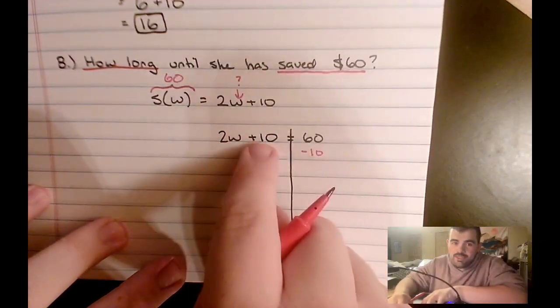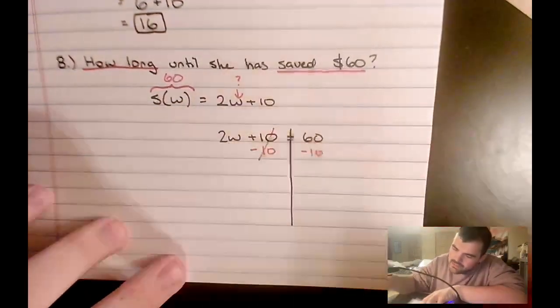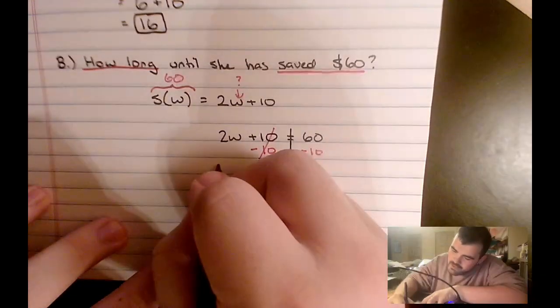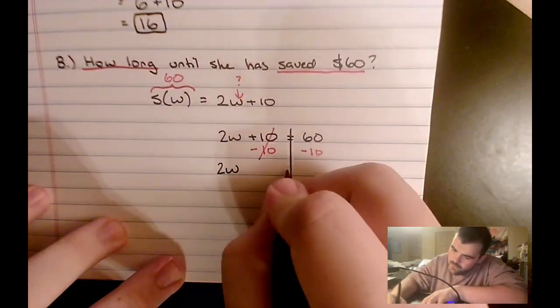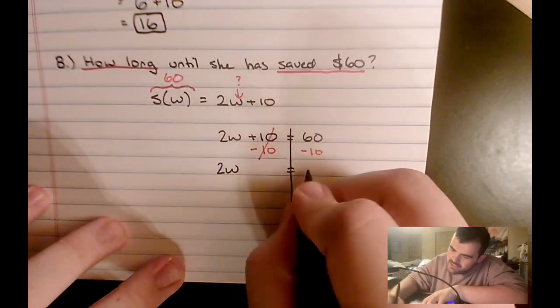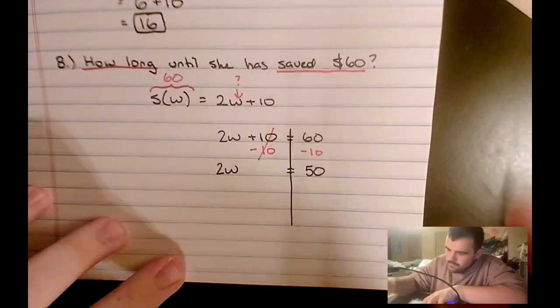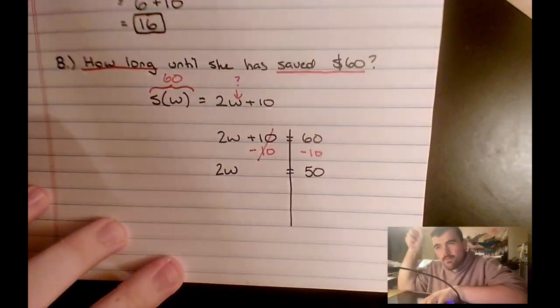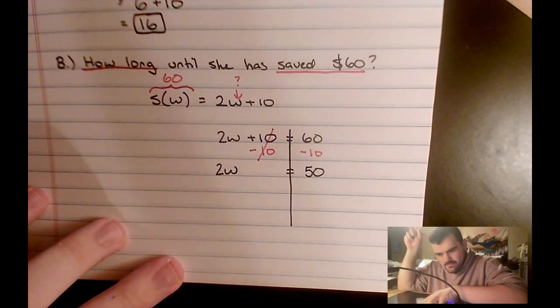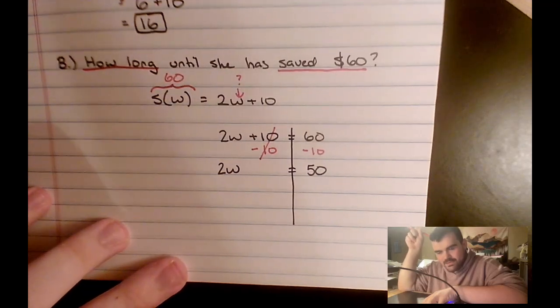So 2w plus 10 minus 10 cancels out the 10s and gives me 2w equals 60 minus 10, subtract that, it's 50. Hey, and I'm remembering back in my head that we knew she already had $10, so if I take the $10 off of that 60 that she needs, she really needs to save up a total of 50 after saving $2 per week.